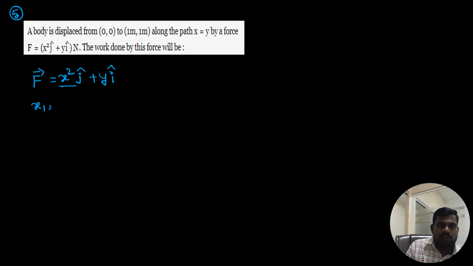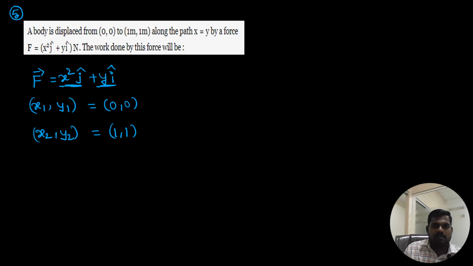We can see this is two dimension, not one dimension. That's why x1 comma y1 is equal to 0 comma 0 in the question. Similarly, x2 comma y2 is equal to 1 comma 1. Clear. Same, I will take the work formula.